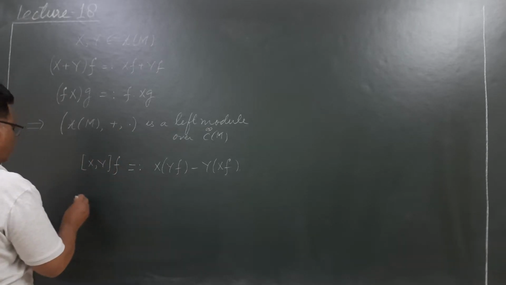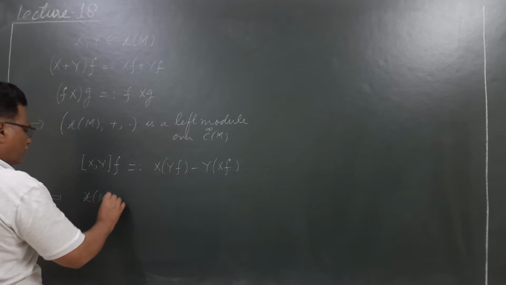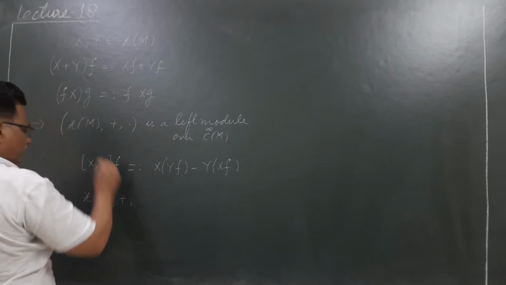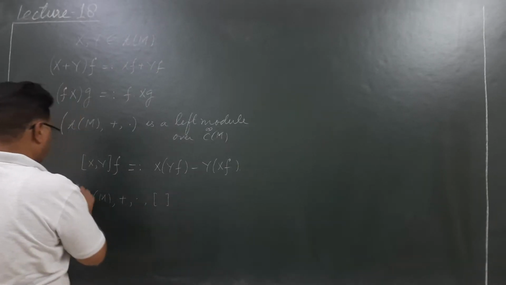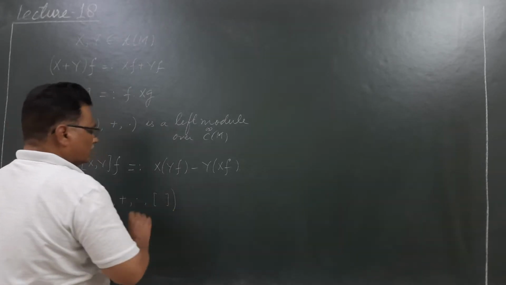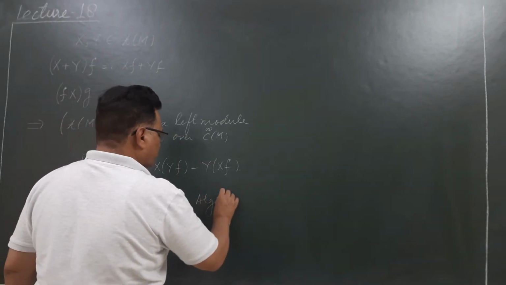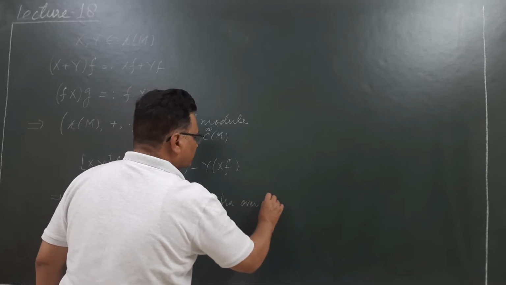So, finally, we say that χ(M) with these three operations, addition, the multiplication by functions, and the Lie product, becomes an algebra over C∞(M).